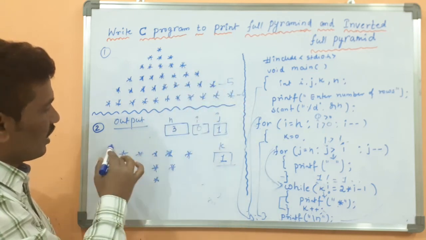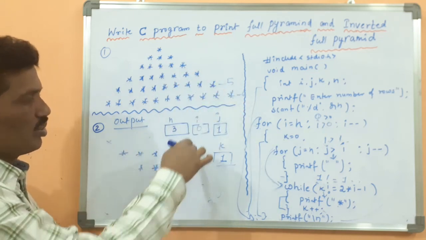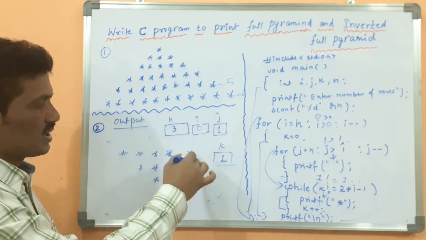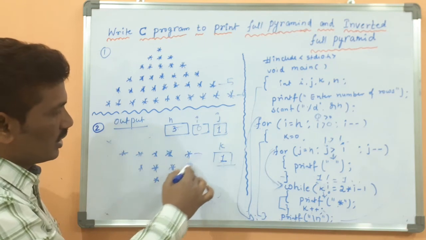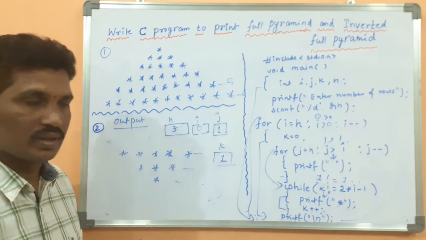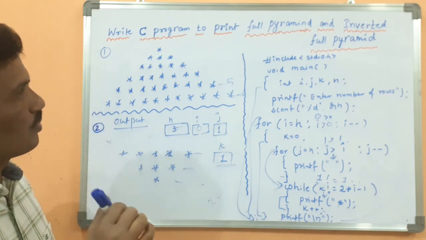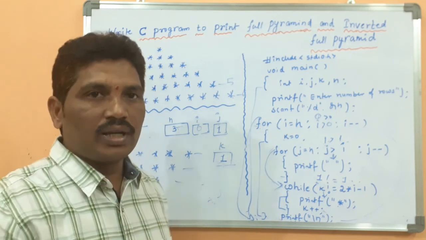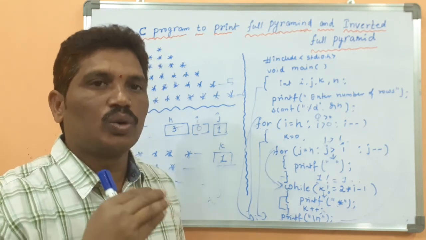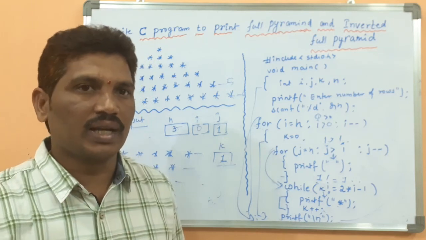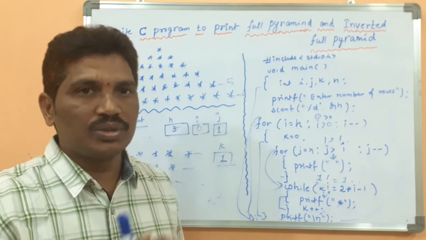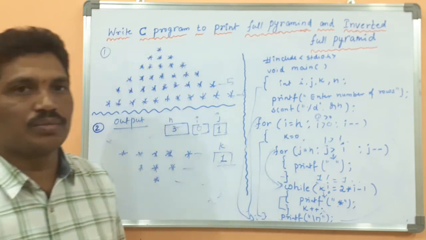If you take 5 rows, another stars will be displayed on the top of this row. Because n value becomes 3, only 3 rows have been displayed. This is a simple example for how to print a pyramid and how to print an inverted pyramid by using the C programming language. I explained these two examples in today's class.